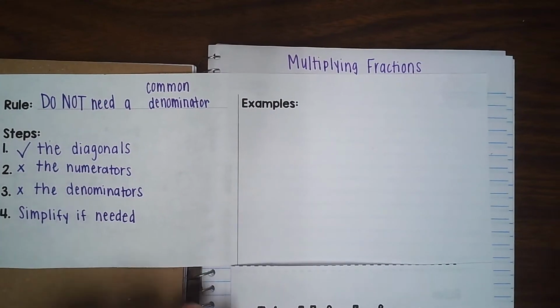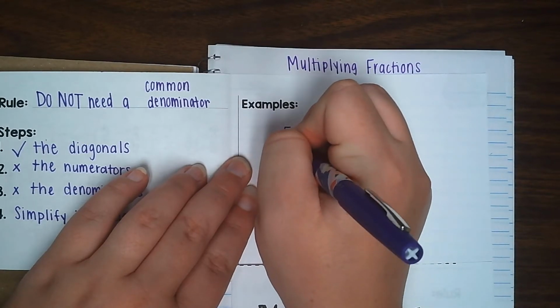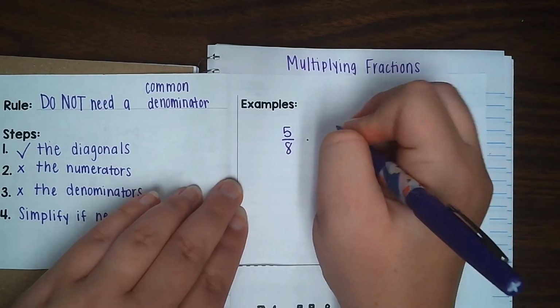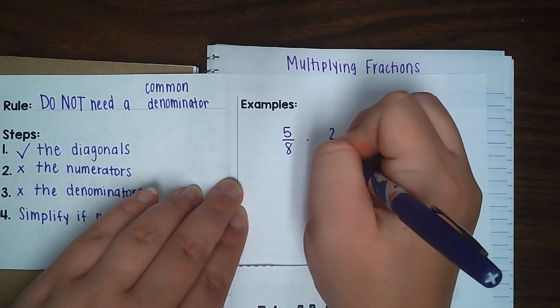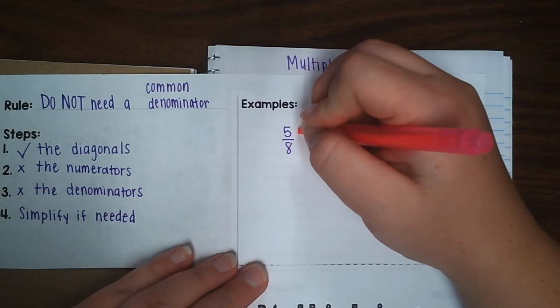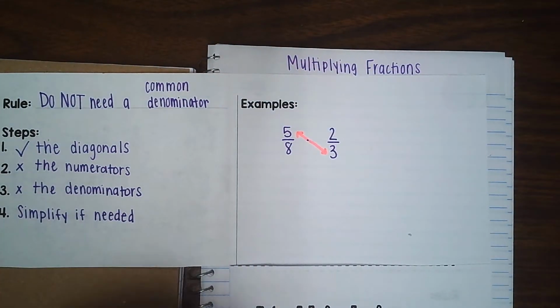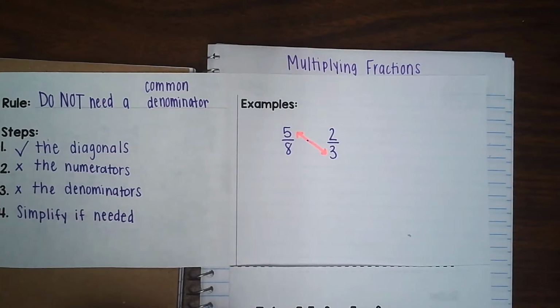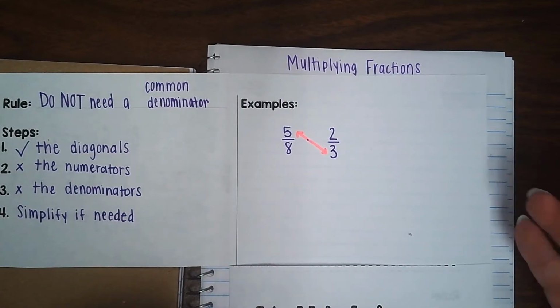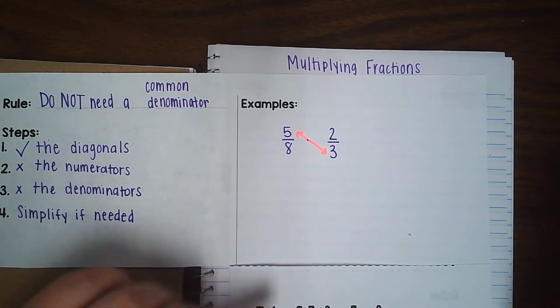So an example would be, we had 5/8 times 2/3. So we want to check our diagonals. What does that mean? That means look here at 5 and 3. Do they have a common factor? No. Both 5 and 3 are prime numbers, so there's nothing in common.